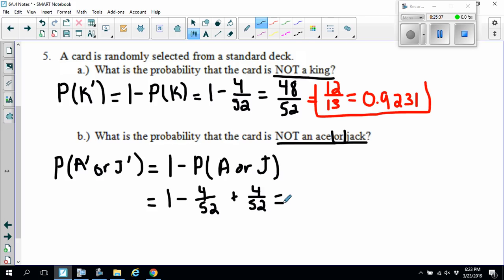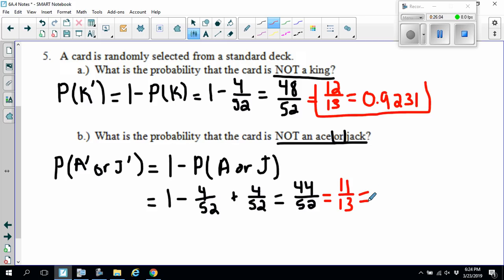Really, you have 8 total, okay? And you're subtracting from 52 of the cards. So that's going to give us 44. So 44 out of 52 are not aces or jacks. Or another way of saying this, because if you are going to leave your answer as a fraction, make sure you simplify. So 11 out of 13.